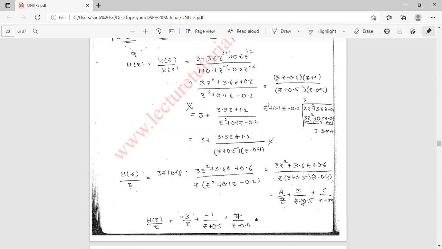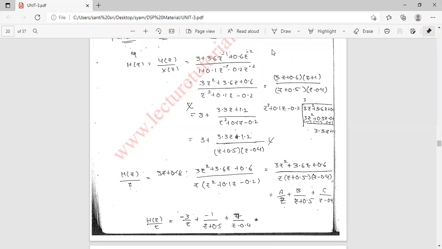We can write this as 3z square plus 3.6z plus 0.6 by (z plus 0.5) into (z minus 0.4).